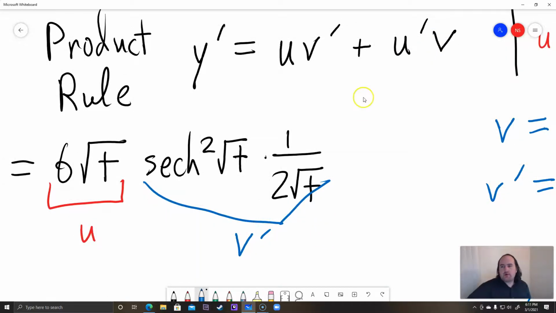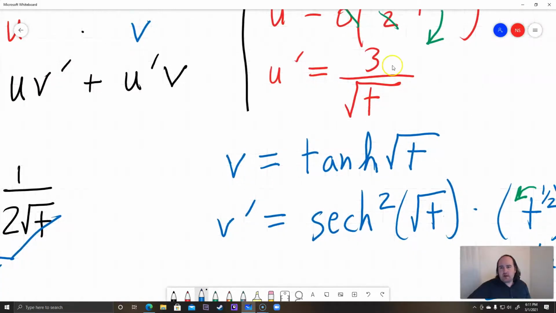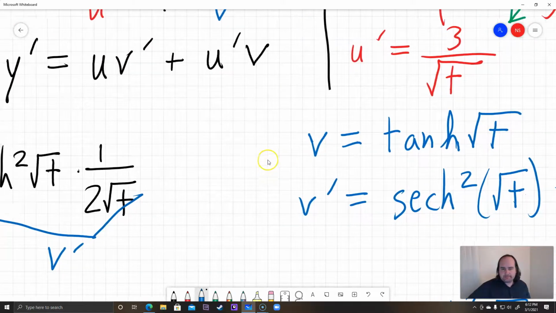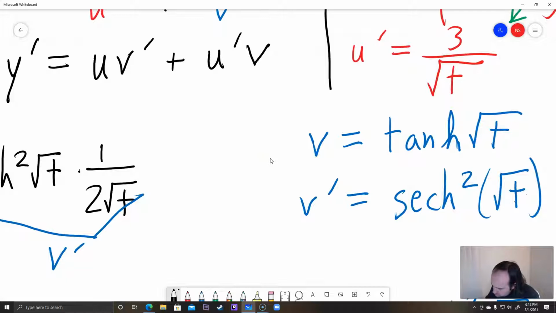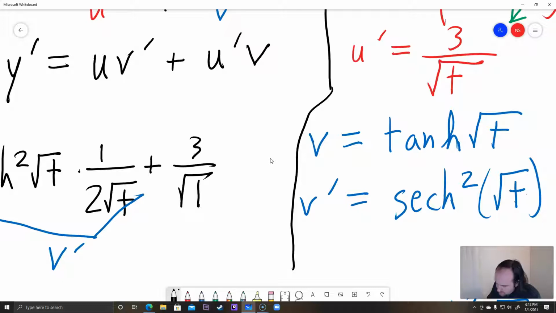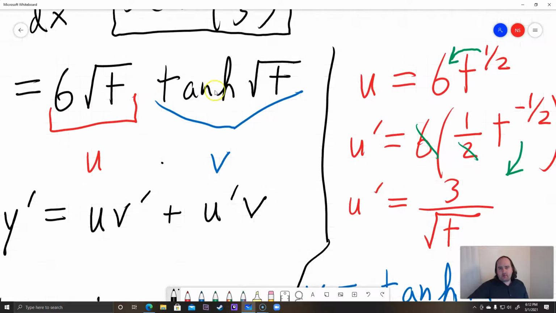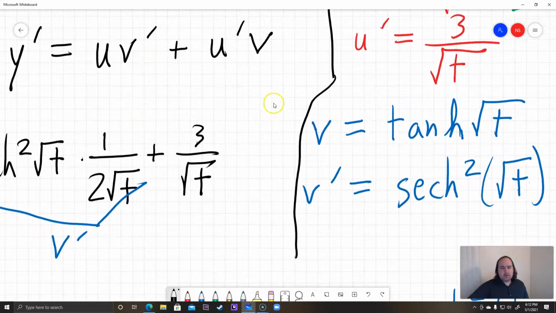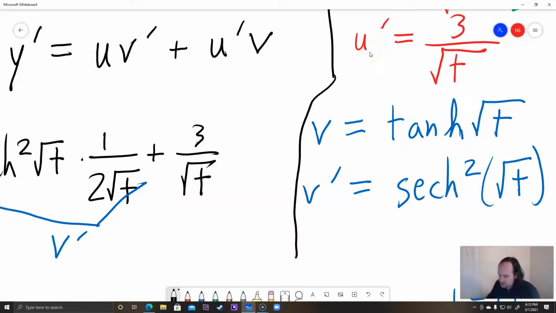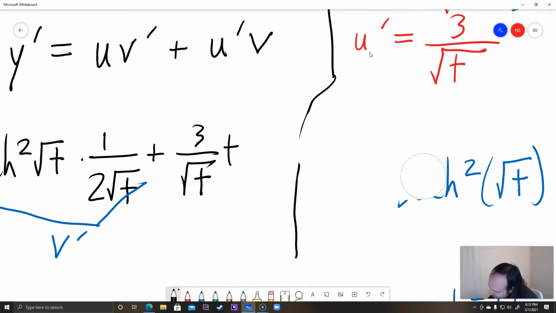Okay, so what was our u prime? In this problem we said u prime was just 3 over root t. Okay, so we have plus 3 over root t times v. And v, we said at the beginning of the problem, is tanh of root t. So we're going to have 3 over root t times tanh of root t. I'm going to have to erase this over here so I have room.